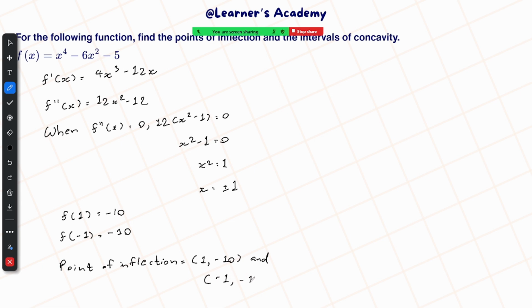So the points of inflection are (1, -10) and (-1, -10).